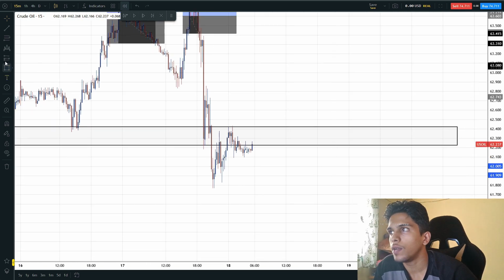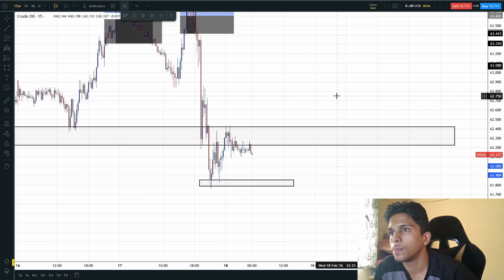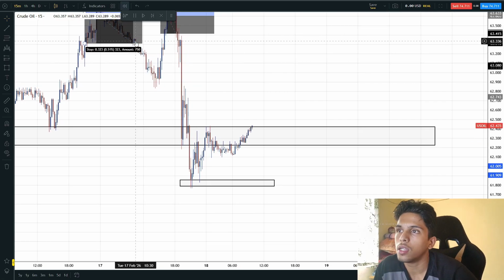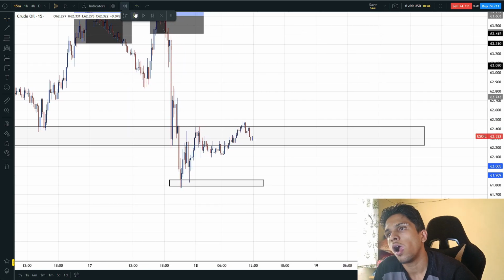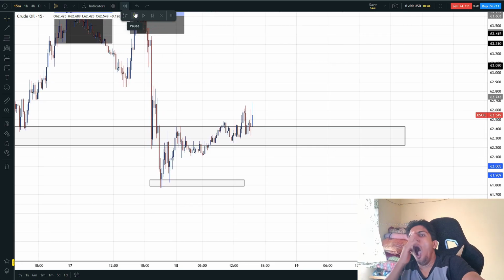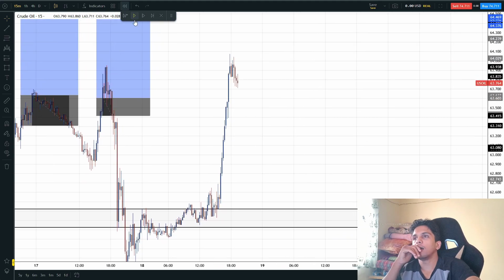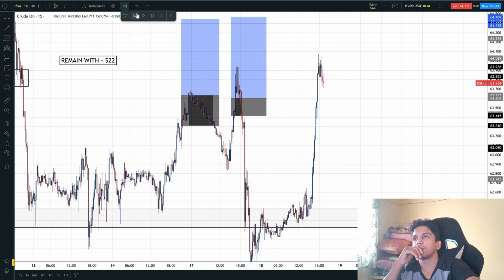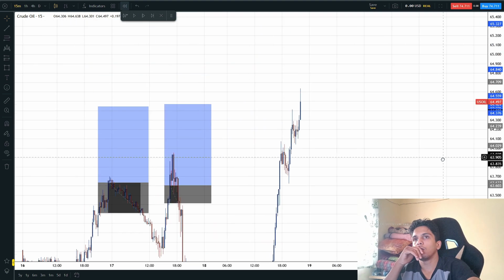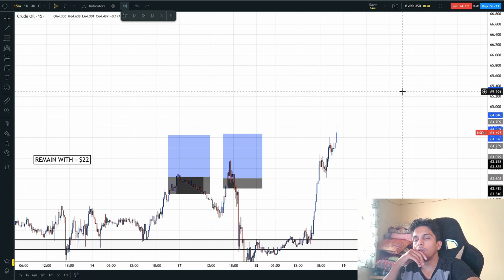But we are still waiting to tap this level, or go up directly and then tap this level. Oh, see this, that is what I am talking about. This was a good time.